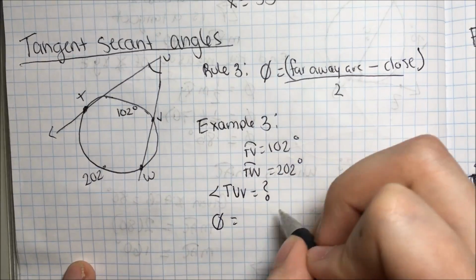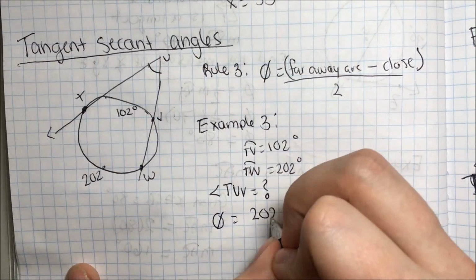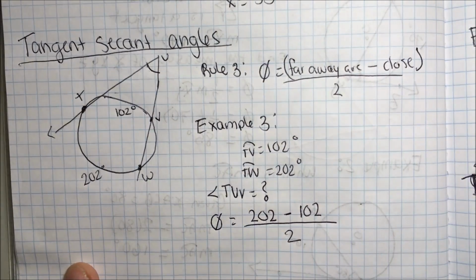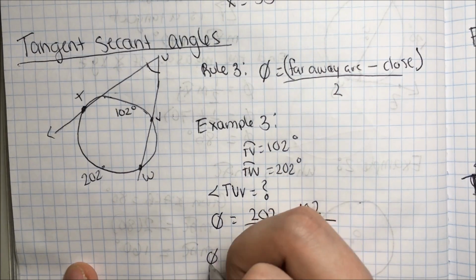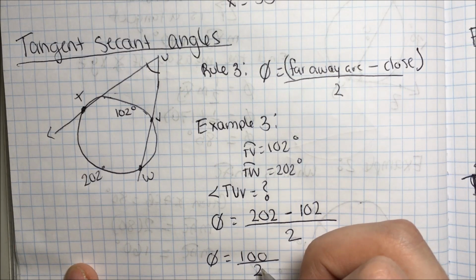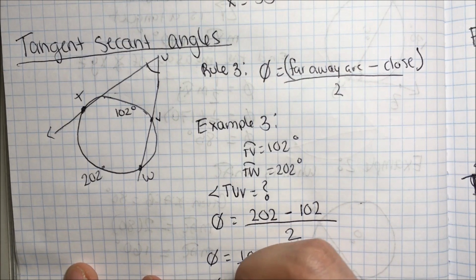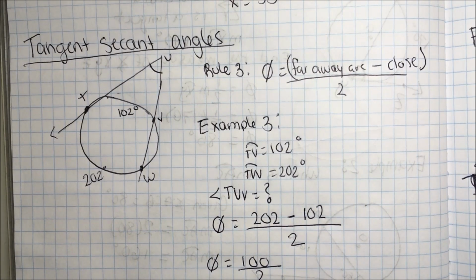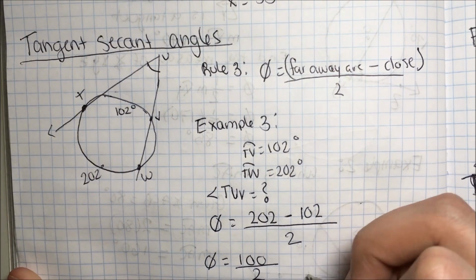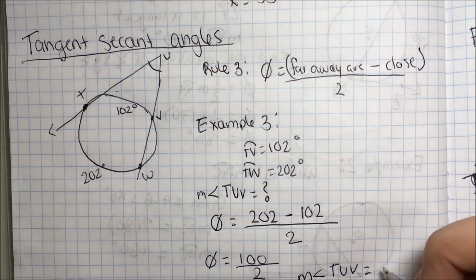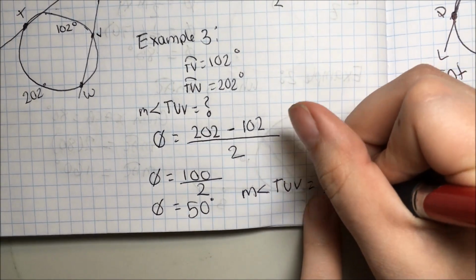So we take the angle is equal to the far away arc, which is 202, minus the close arc, which is 102, divided by 2. So we get the angle is equal to 100 divided by 2, and we get the angle is 50 degrees. So the measure of angle TUV is equal to 50 degrees.